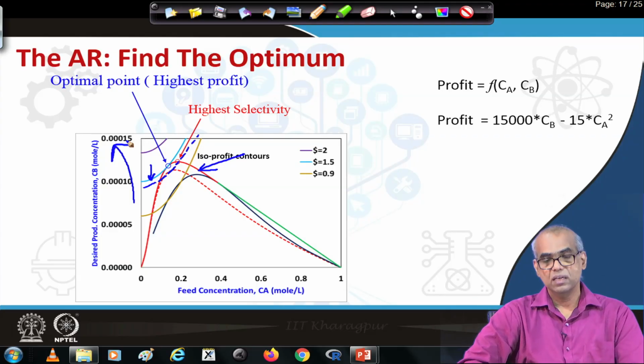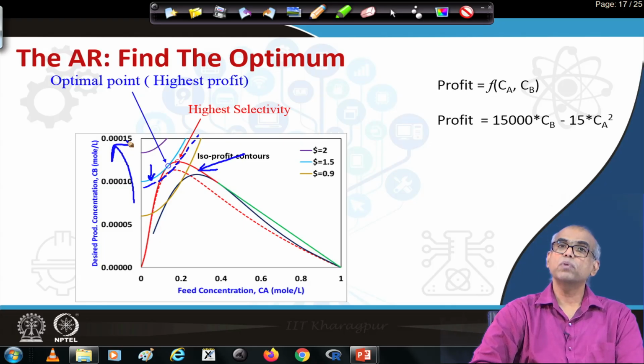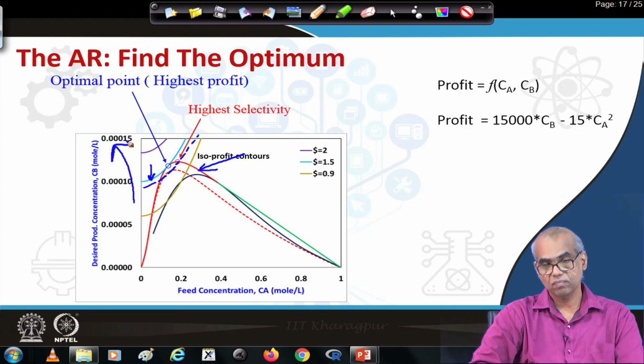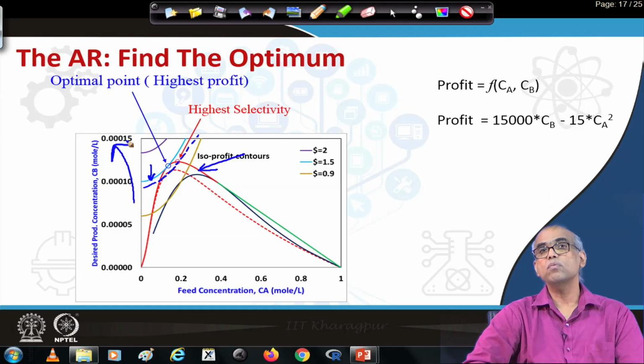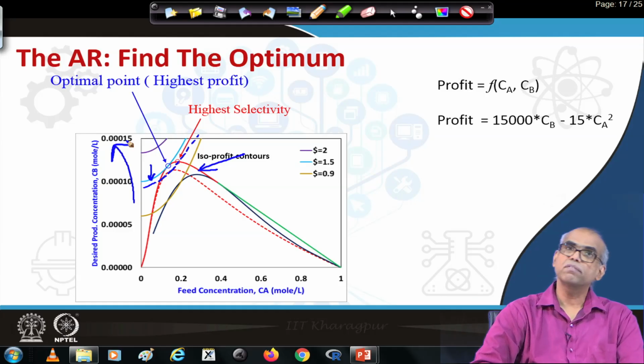So, this way such diagrams can also be used to analyze different types of objective functions.